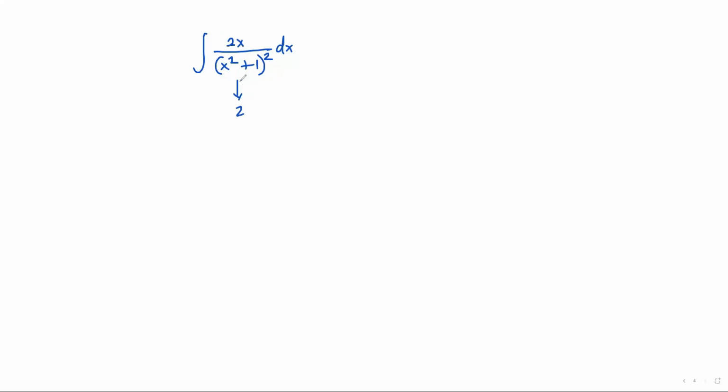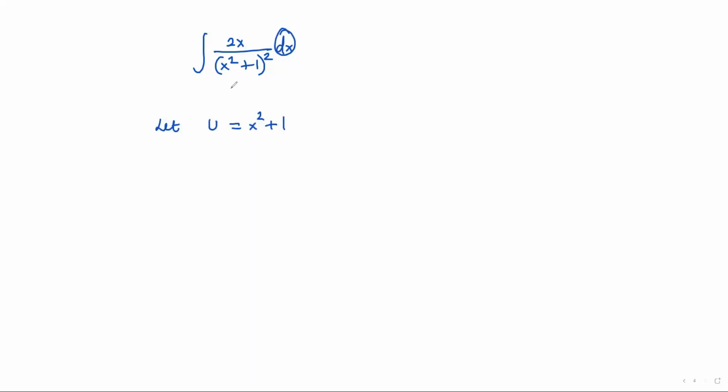Since we have the derivative of this particular part in numerator, we can integrate this function using the method of substitution. That is, I am going to assign a new variable u for this particular part x square plus 1 because its derivative is 2x that we have in numerator. So I can assign a new variable u for this x square plus 1. So now I'm going to convert the complete integration to the new variable u. So here we have dx.